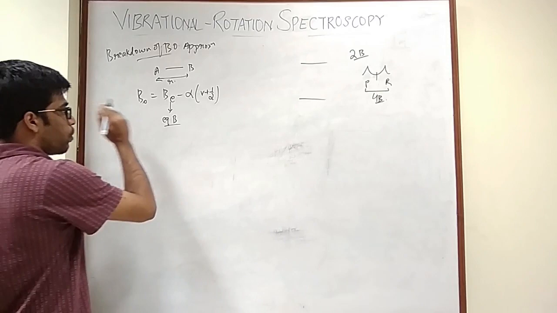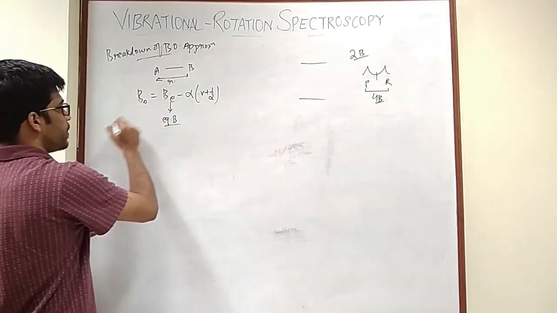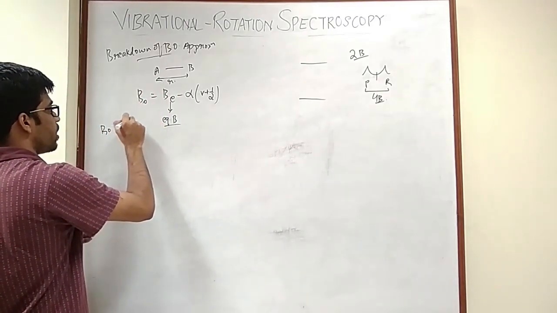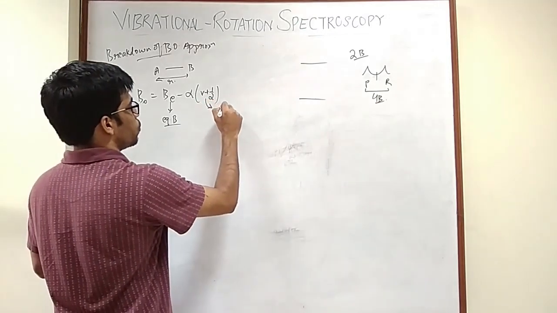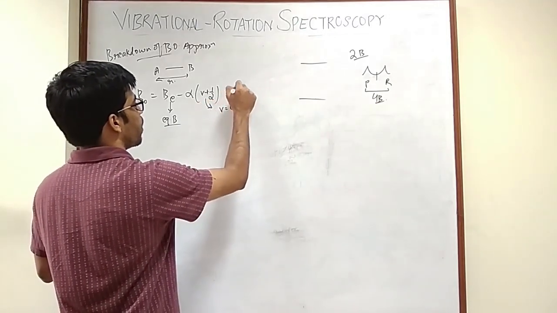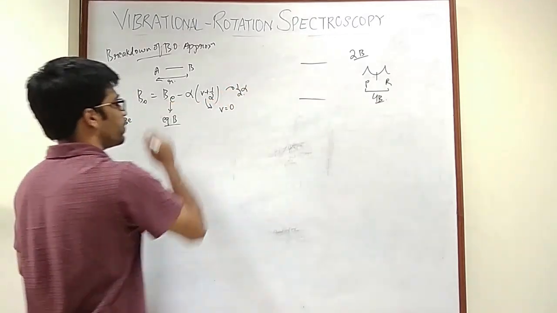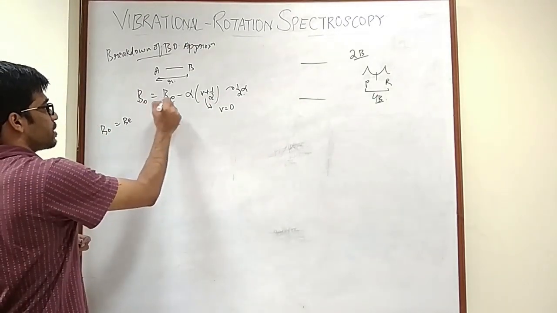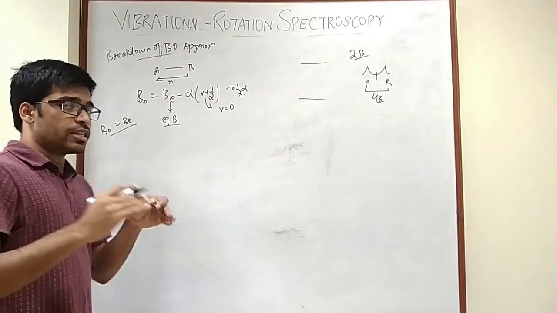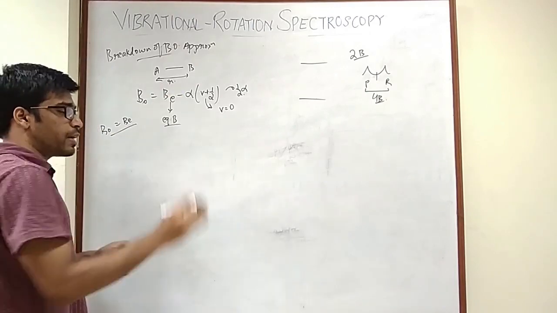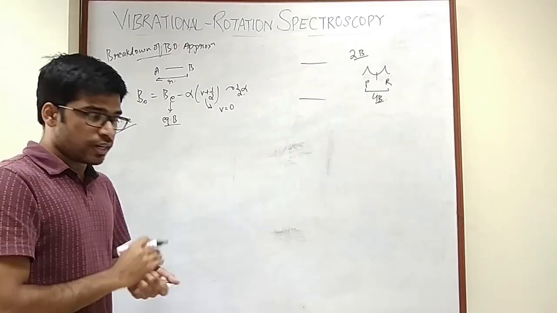Now, the molecule is never going to have B0 equal to Be, because even at v equal to 0 there will be a half, so half alpha will get subtracted. So this is never going to be the case, and if this is never going to be the case, we'll never see the spectra that we had seen in the last few minutes.